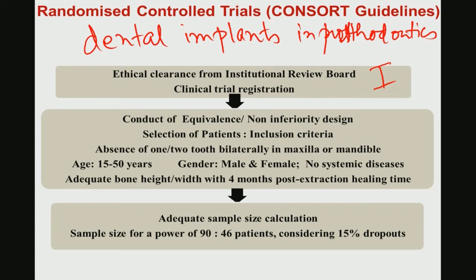Then, particularly for prosthodontic treatment, one can have additional criteria: the patient recruited in this study should have at least one or two teeth absent bilaterally in the maxilla or mandible.